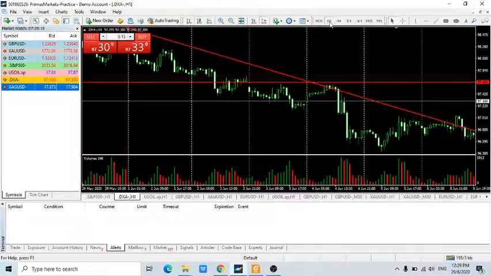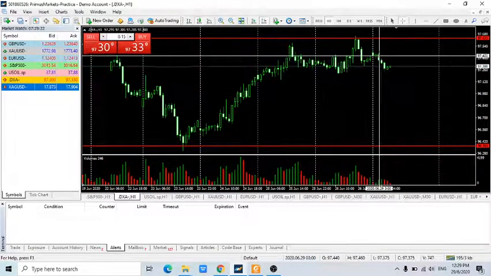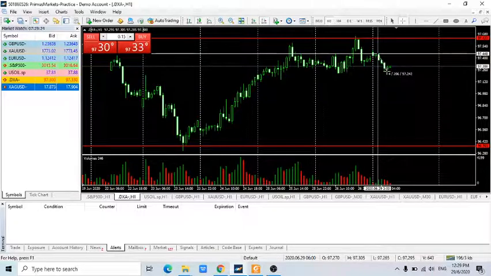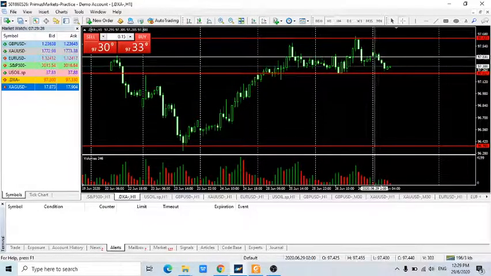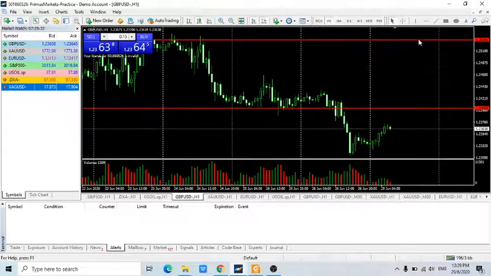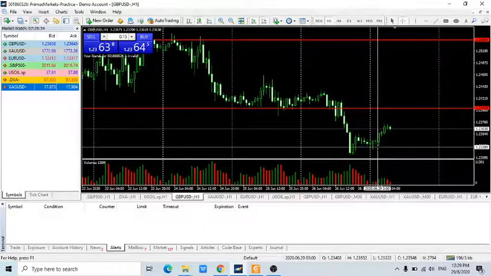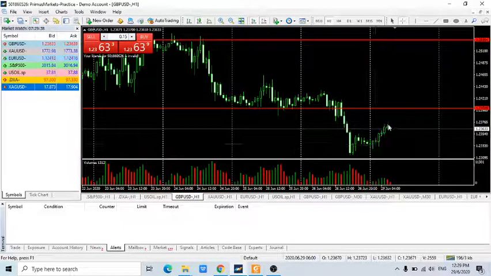So as of this morning we can see the US dollar is marginally weak against most of the major currencies. With the US dollar moving down a little bit, the UK pound as of this morning is moving up about 37 pips, not too bad of a move for the Asian trading session.